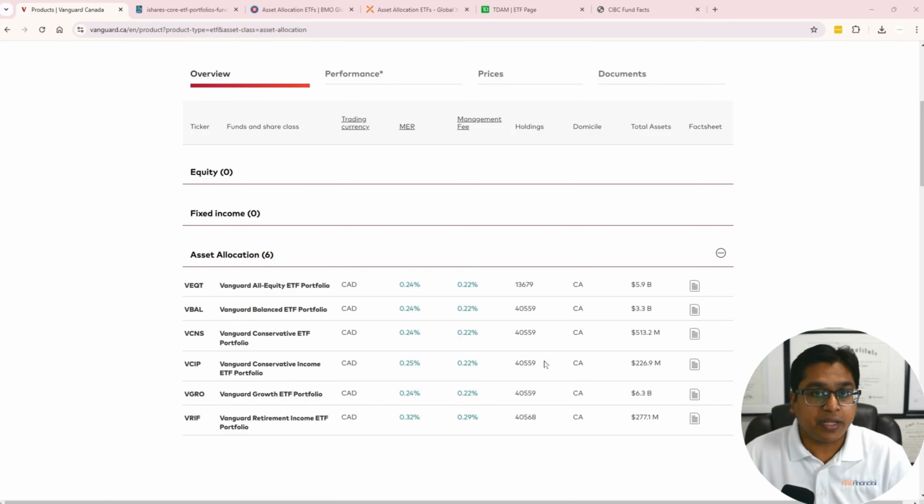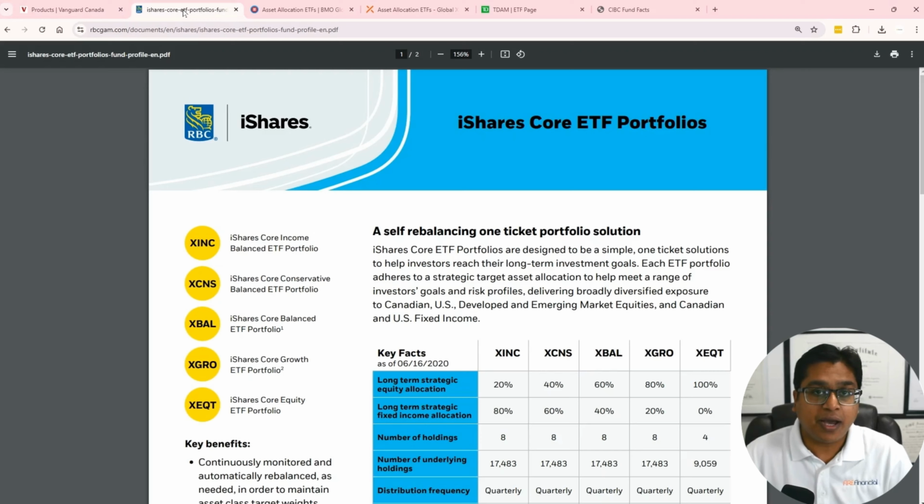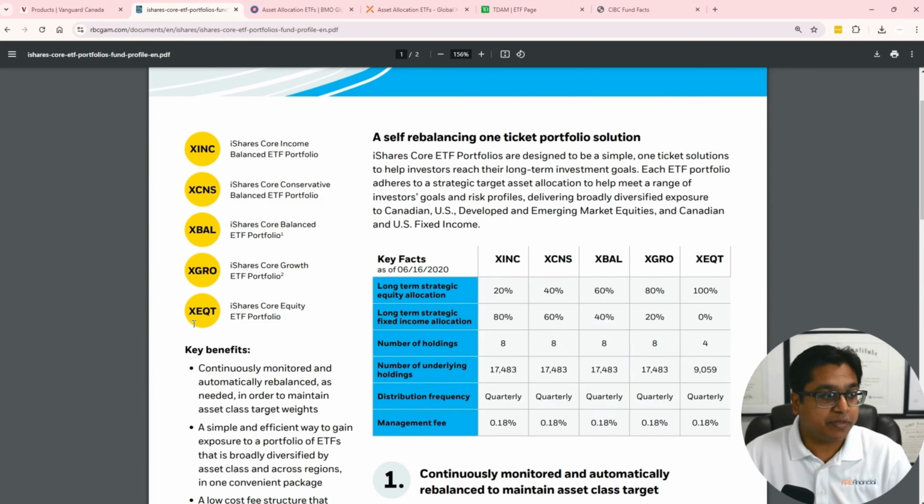The next one that I'm going to explain is the iShares, which is basically the RBC one. So RBC has partnered up with BlackRock and introduced the iShares series, and you can see there are 5 different levels of portfolio. The core income one is the most conservative, then the core conservative balanced, the balanced portfolio, core growth ETF, and the core equity portfolio.